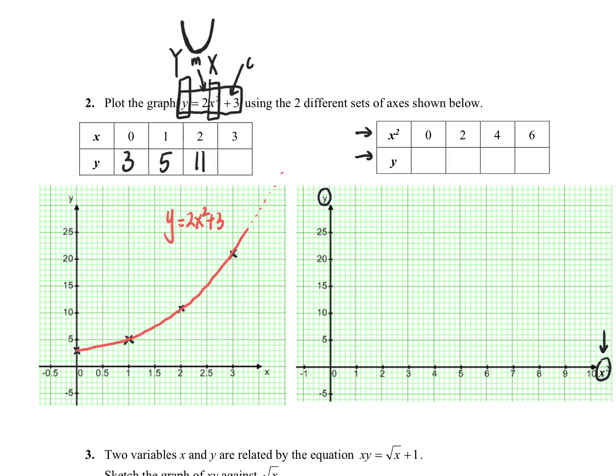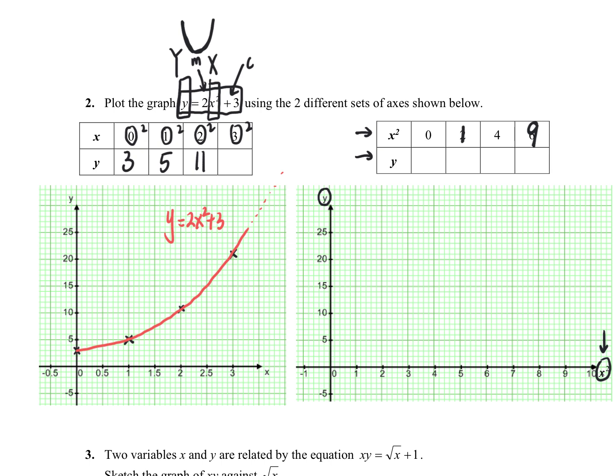So be careful. So my x value, instead of using this, you need to square all of them. So square, square, square, square. So that's why you get, this one is 9, right? X squared is 9. Then this one is 1.